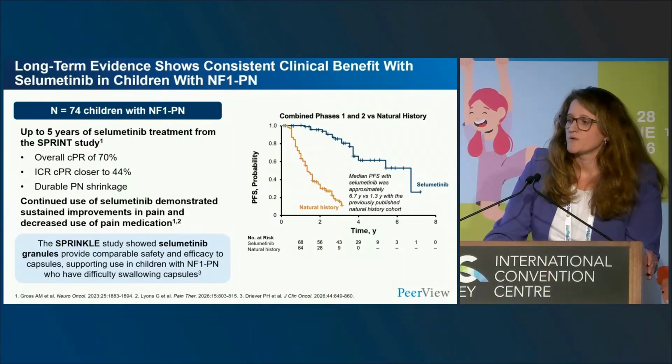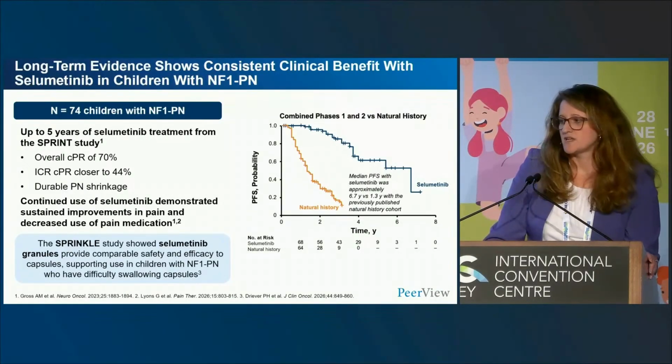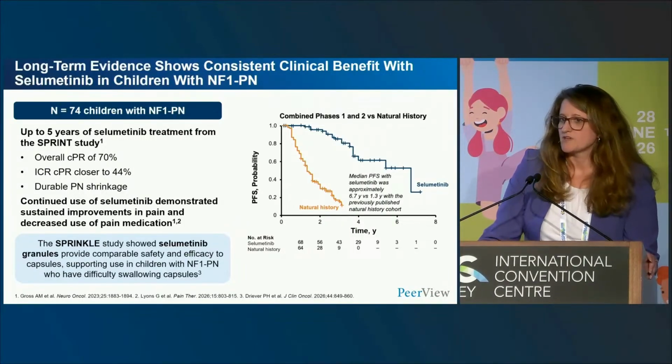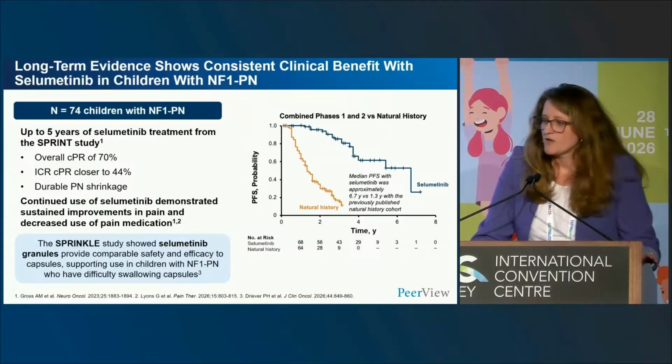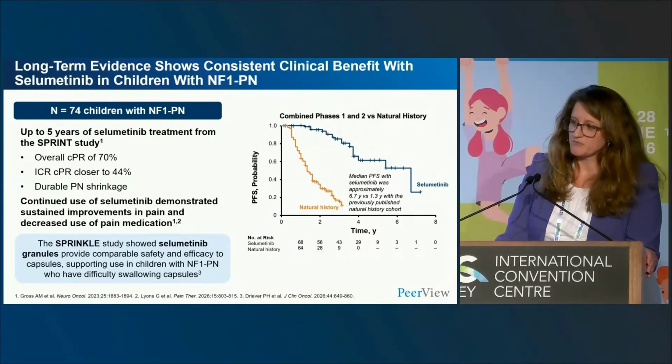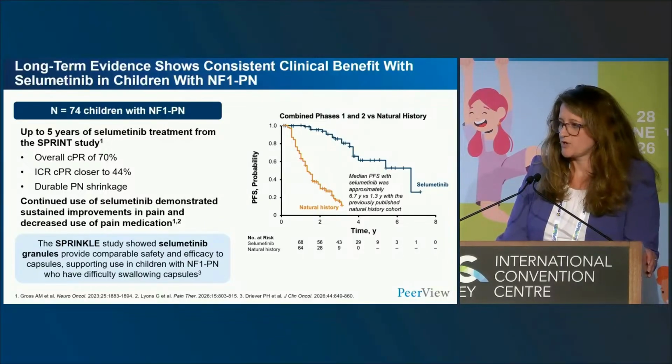Overall, a response of 70%, with some durable PN shrinkage. However, those are patients that have stayed on the drug, right? Continued use of selumetinib demonstrates sustained improvements in pain and decreased use of pain medication. There's the clinical benefit that we talked about.